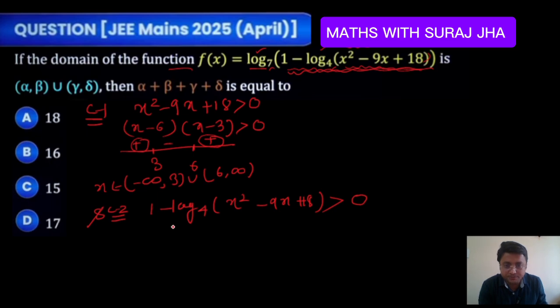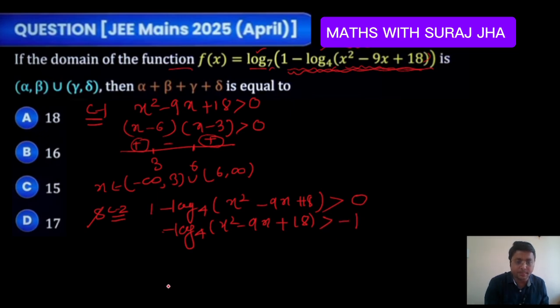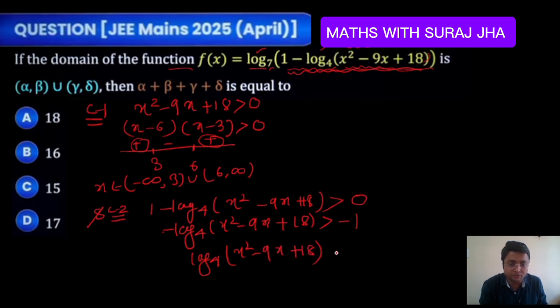Minus log base 4 of x squared minus 9x plus 18 is greater than, if it goes to that side, minus 1. Now we divide both sides by a negative number, so the sign of inequality will change and here it will be 1.